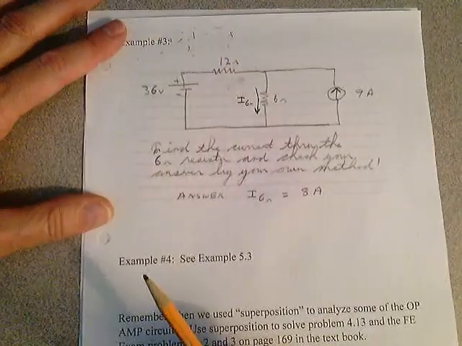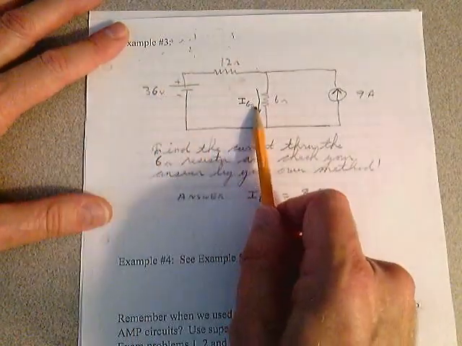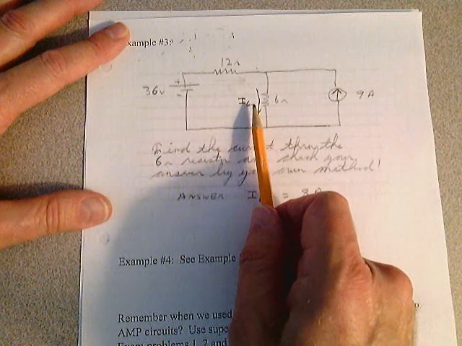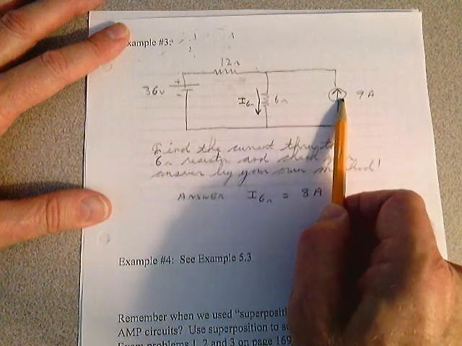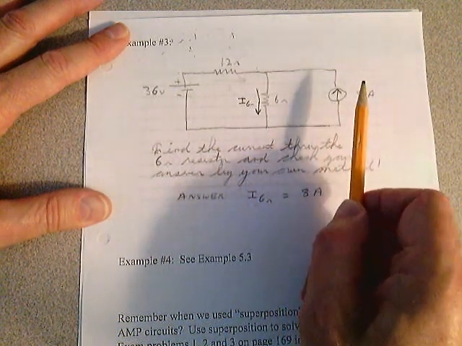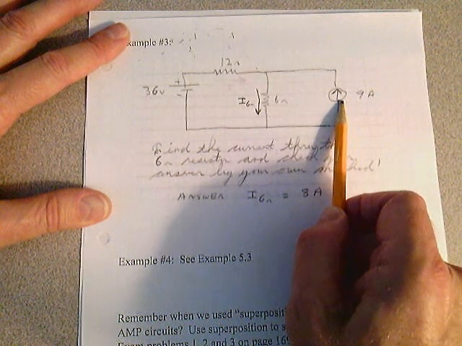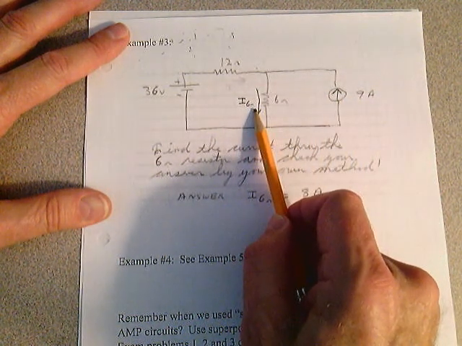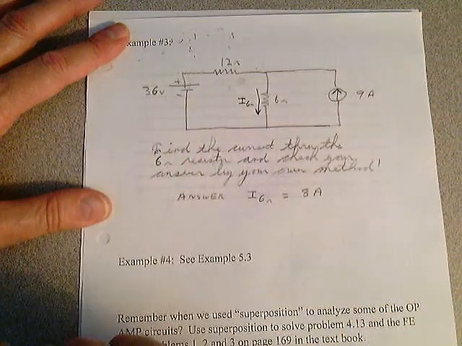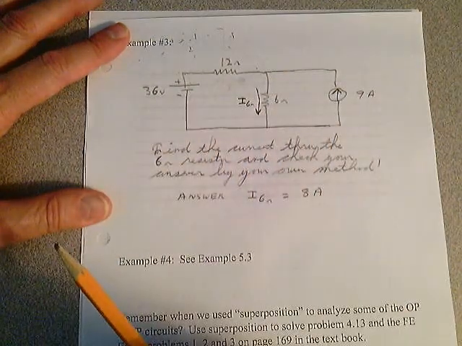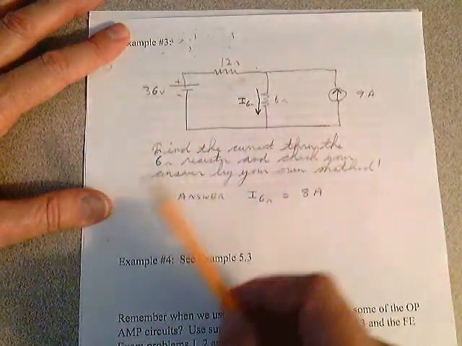Now remember what you're going to have to do. I'd take this first and find I6 ohm prime by reducing this to 0, and then go back and use this current source and find I6 ohm double prime by reducing this to 0. Add them up algebraically. I think you can see here they're going to add.